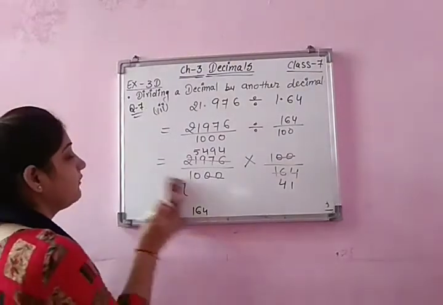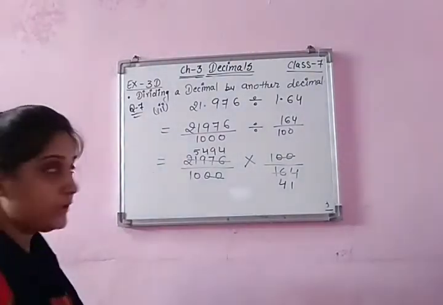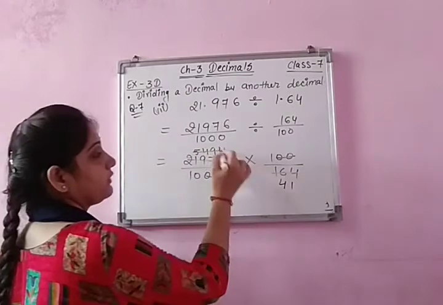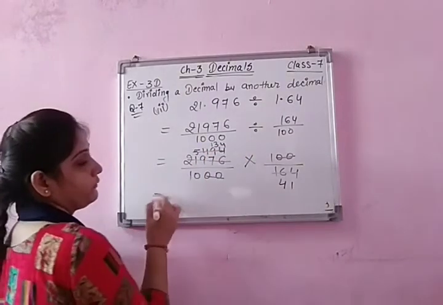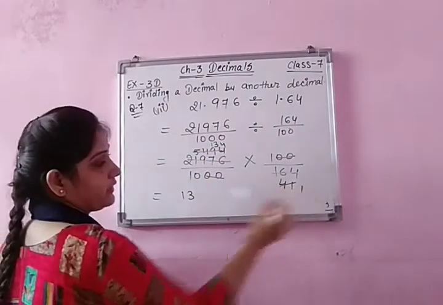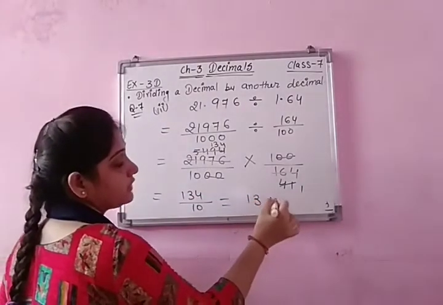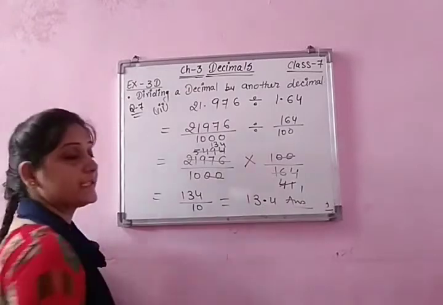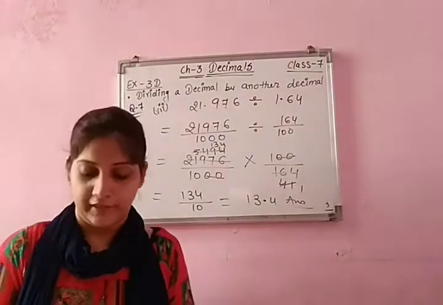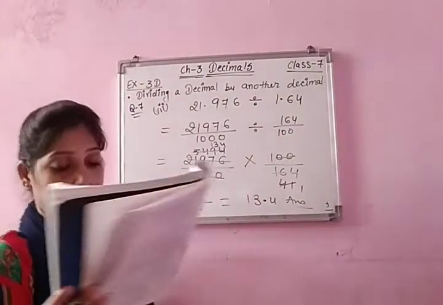It means by 41, when you cancel out this number, you will get 134 upon 10. So 13.4. Put the decimal point at the correct place. So this is part number 7.